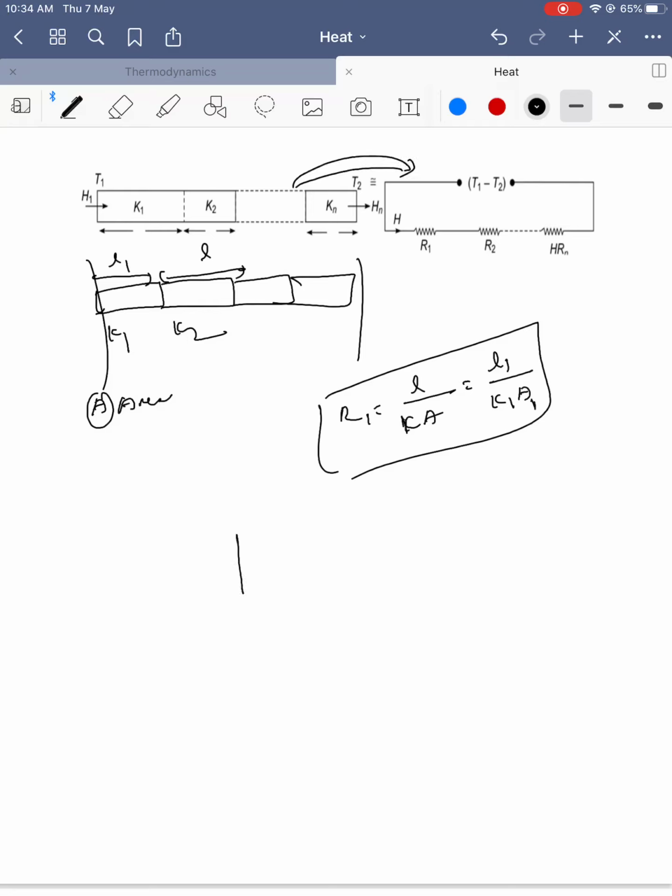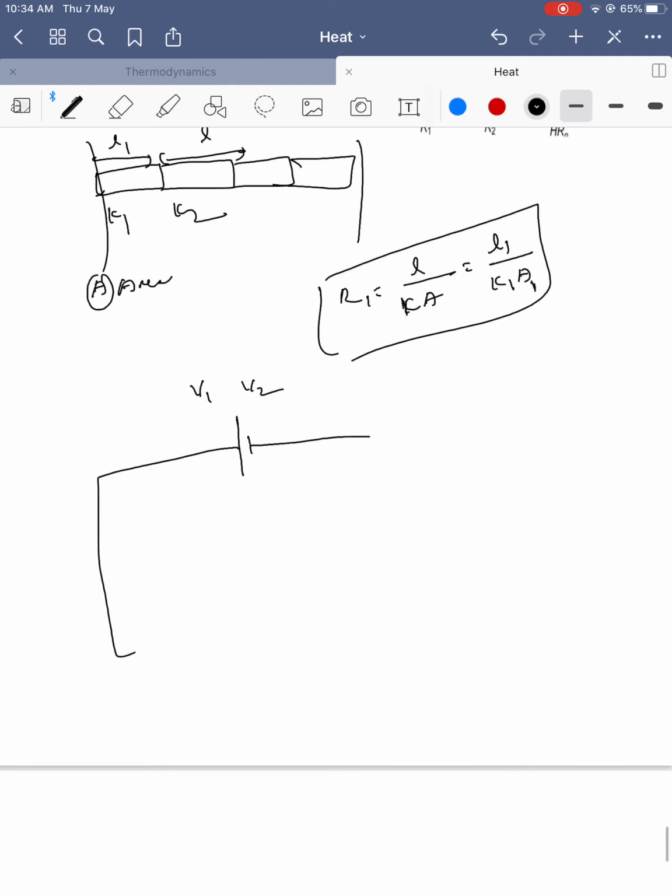See, if a potential difference V is given, say there is a positive end, there is V1 and V2, the potential difference is given, and there are resistors in series connection. I explained this kind of model in the previous videos in Poiseuille's equations.